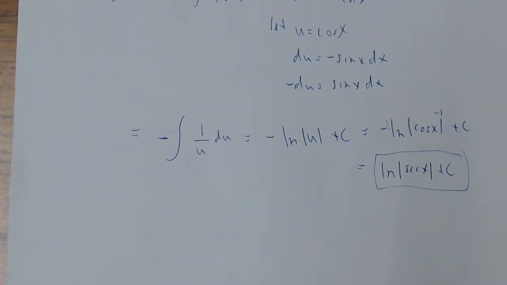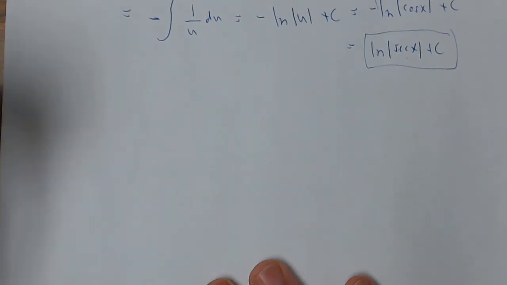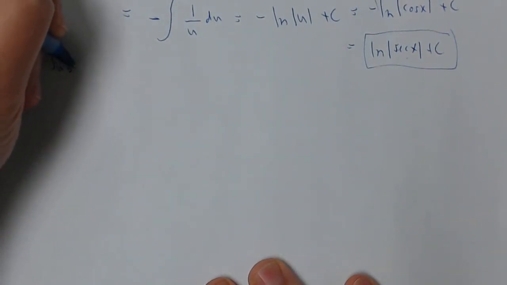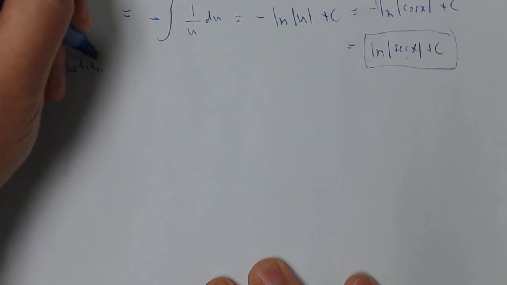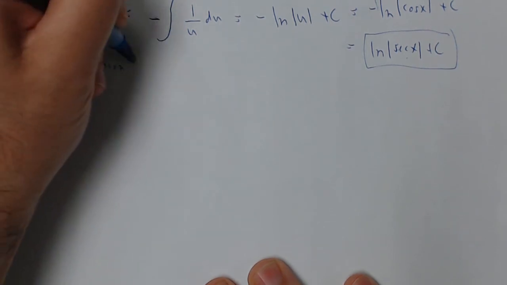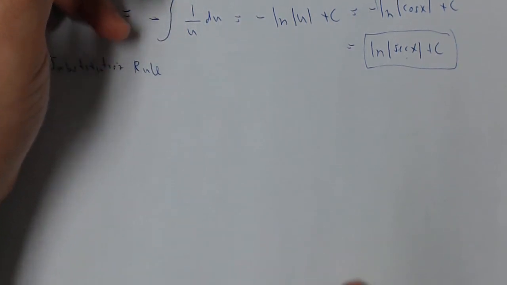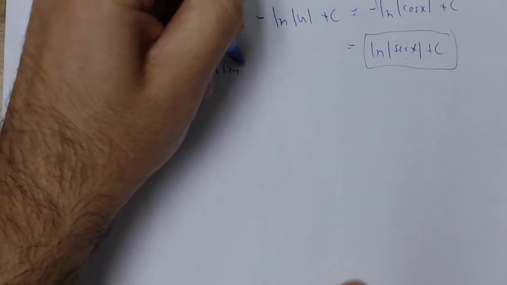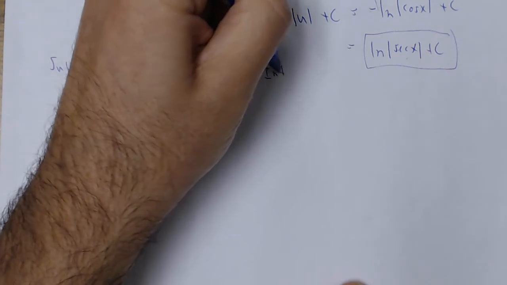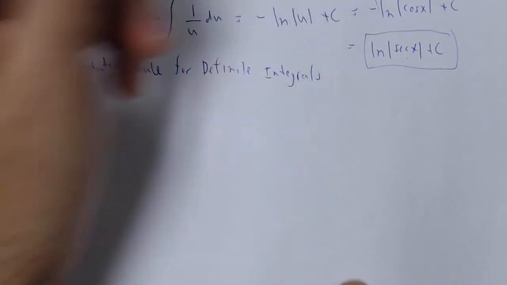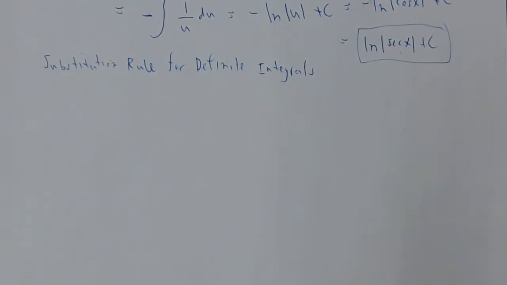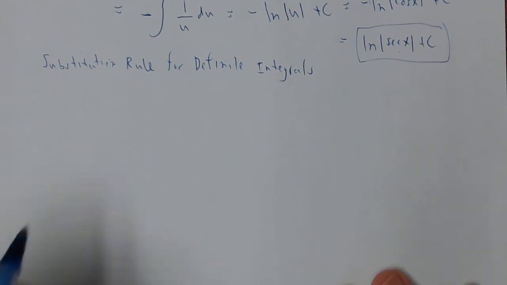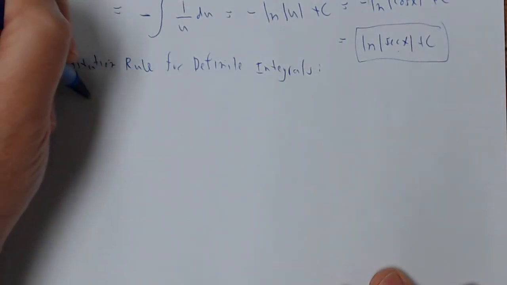Okay, so now let's talk about the substitution rule for definite integrals, which, remember, we expect to get numerical solutions. So here's what the substitution rule says for definite integrals.